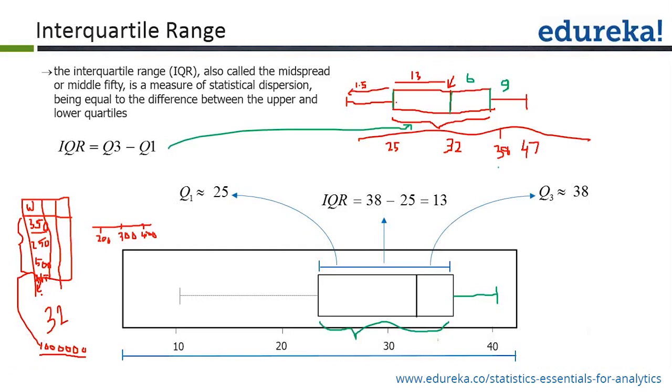So what happens to our formula for variation? If you apply the formula just because of this point, how will you be applying this formula for variance? You will be subtracting 250 from this point, so let me say it is 10 power 5, minus 250, and you will be squaring it, right?